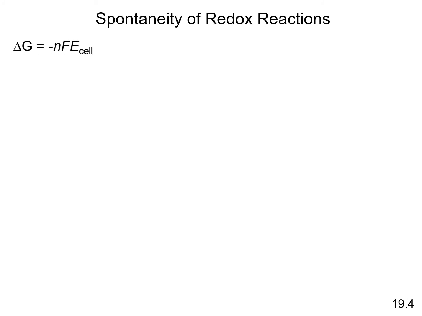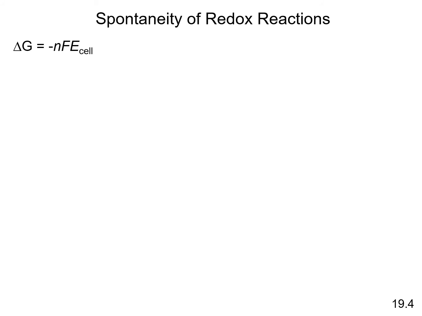So we define the delta G. This is the maximum useful work that can be obtained from the potential, meaning from the redox reaction. In a galvanic cell, the work is supplied by the electric current, meaning moving electrons through a wire. So we define the maximum work with this formula.